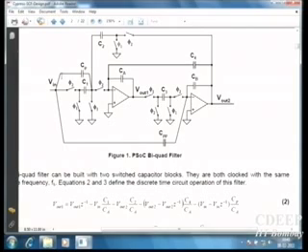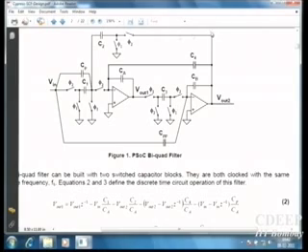One is V in, which is coming through this backward Euler. One is this point which is eventually virtual ground, therefore it doesn't have any effect. And one is from the C2 path, which is coming from V out 2. So if we write KCL, it is the same signal flow graph that we had.